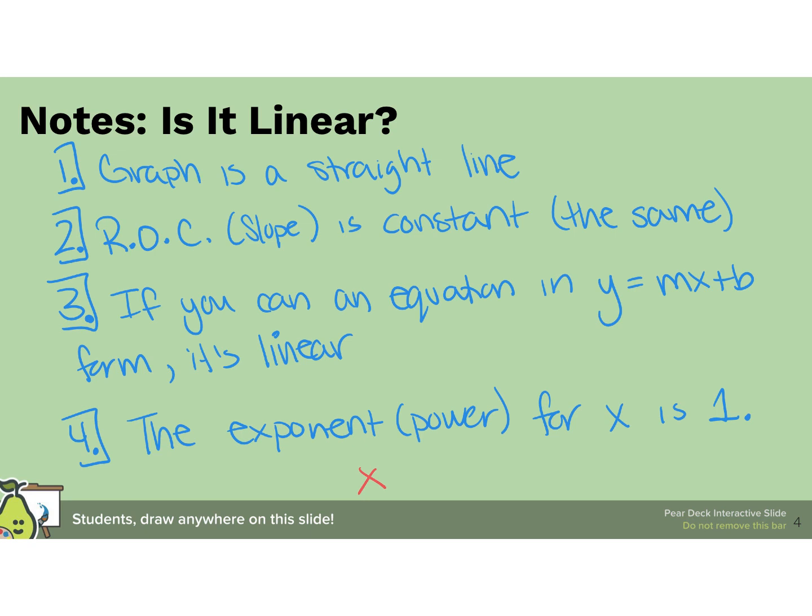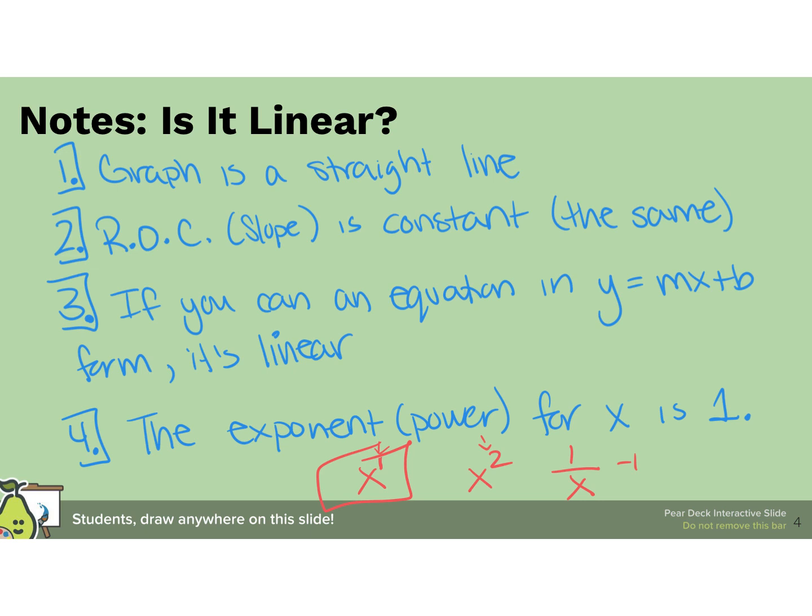We don't write the ones in algebra, but there's a little 1 right here. The exponent for this x is 2. The exponent for this x is -1. Okay, so you're looking for only this. As long as you have just a regular old x in your equation, then you can know that it is going to be linear. If you were to graph it, it would make a straight line.